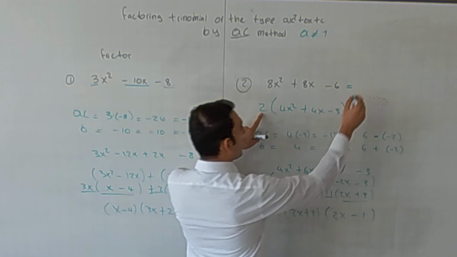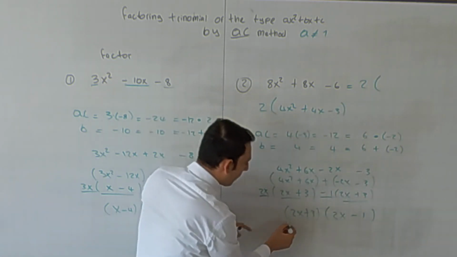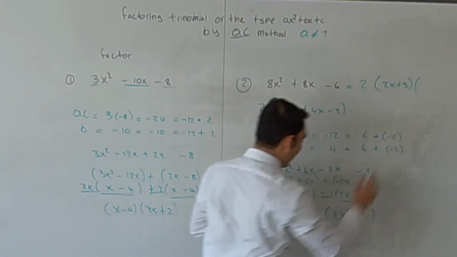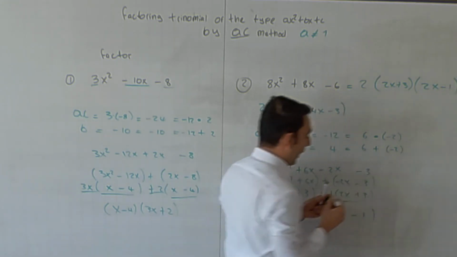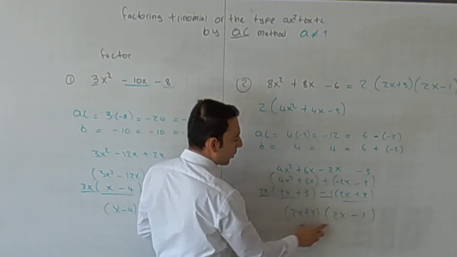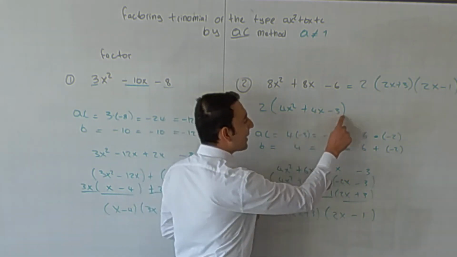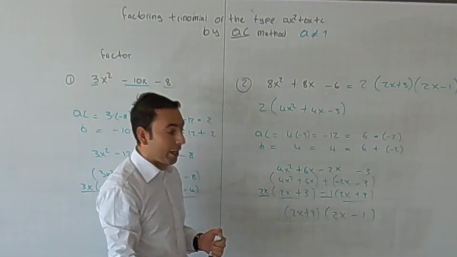The final answer is 2, that was factored from the beginning, times the first parenthesis, 2x plus 3, times 2x minus 1. Okay, then if you multiply by the distributive property these two binomials, the answer must be the original polynomial, the one inside of the brackets. It's one way to check.